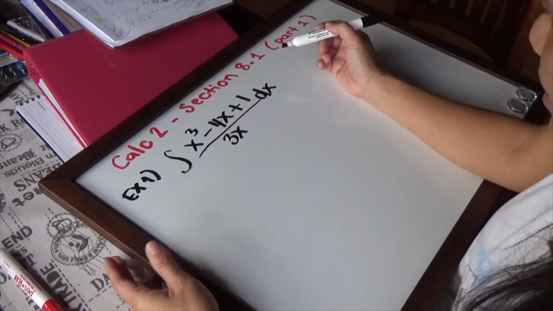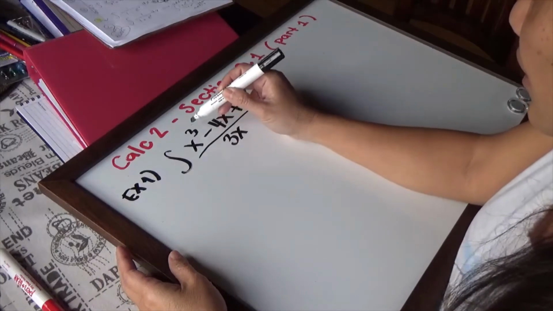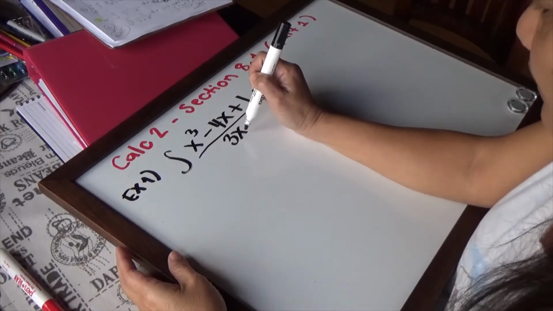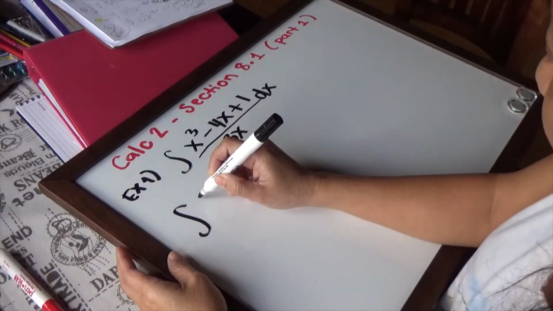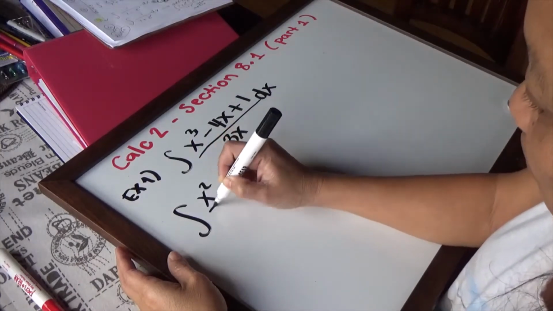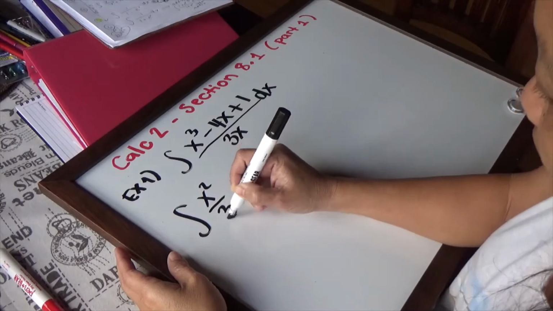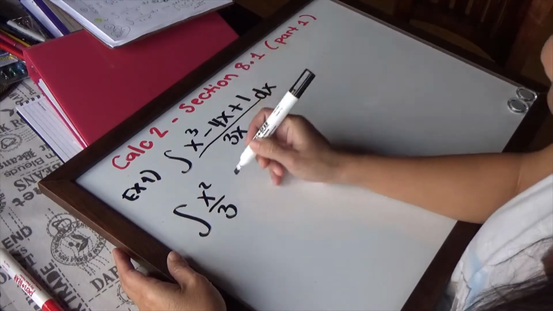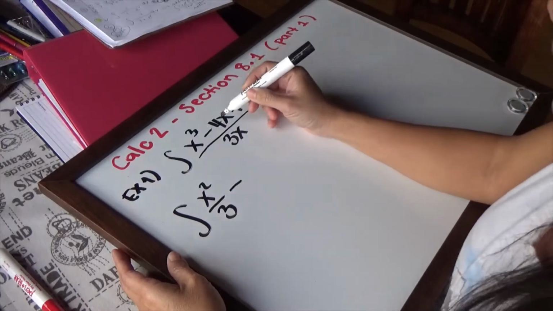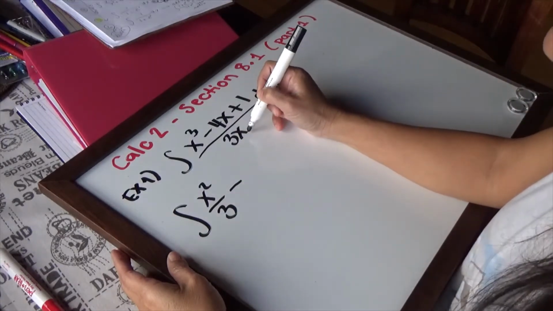So let's just divide. So x to the third divided by 3x is going to be x squared over 3. That's x to the third divided by 3x minus 4x divided by 3x.